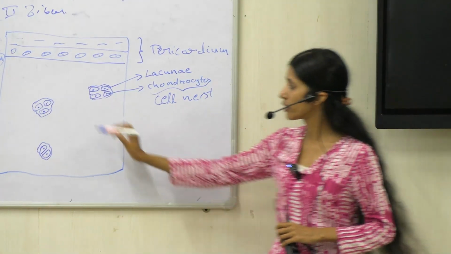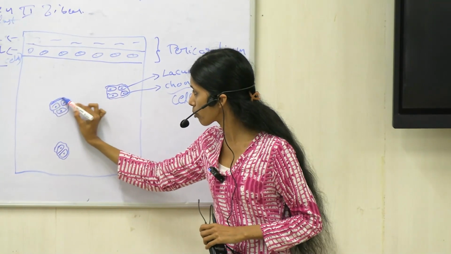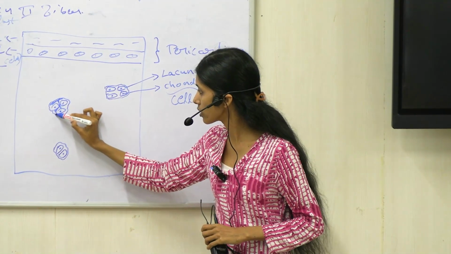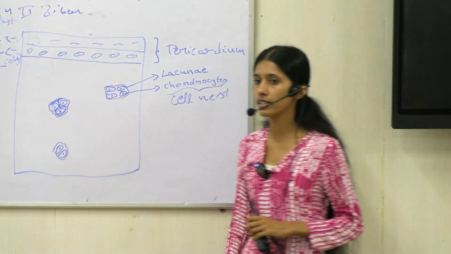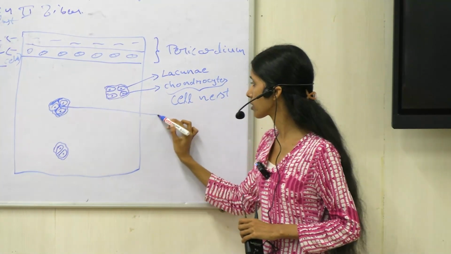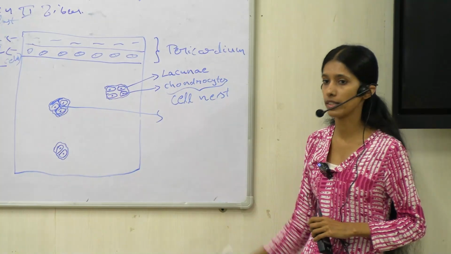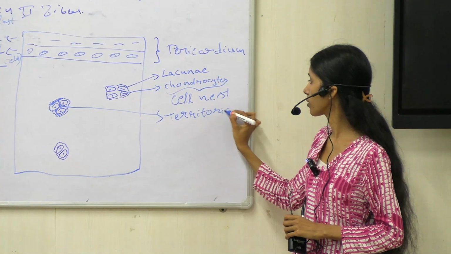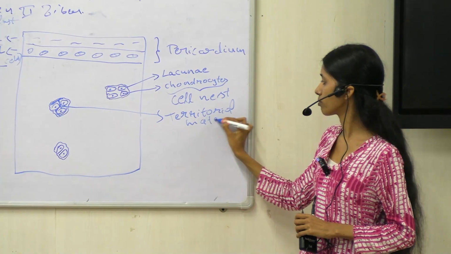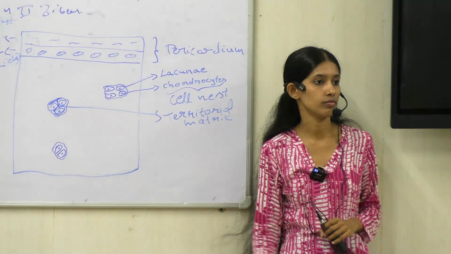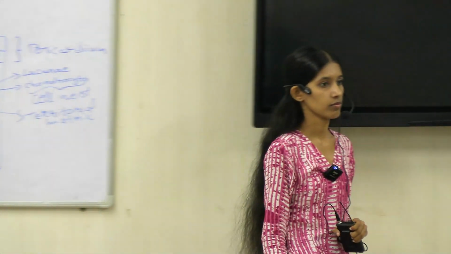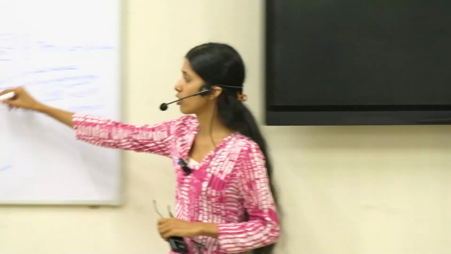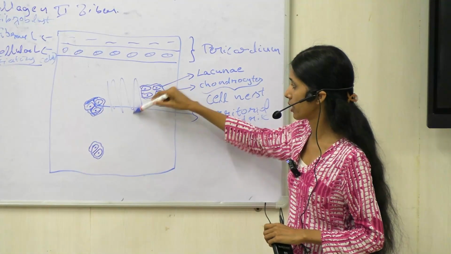So between these we have a small gap here. Can you see this area? This area is called as territorial matrix. So now between the two cell nests we can see this area.